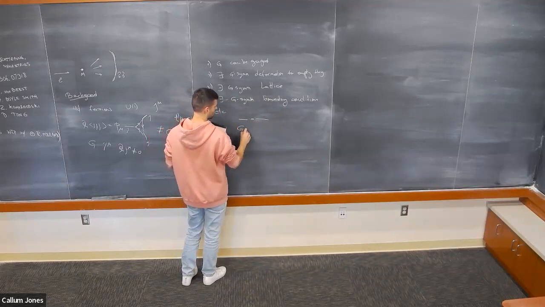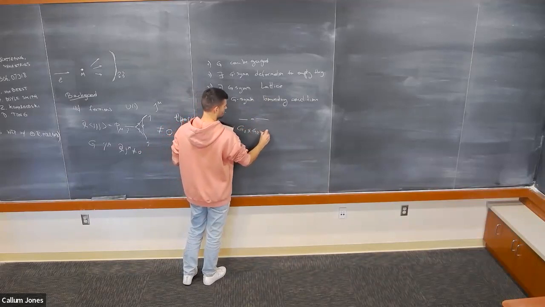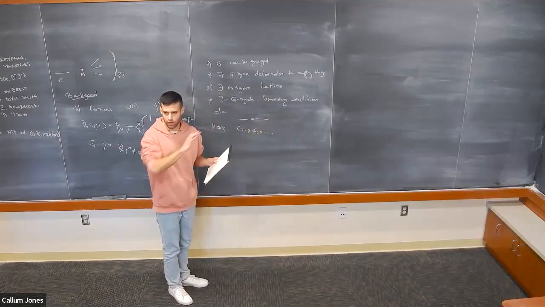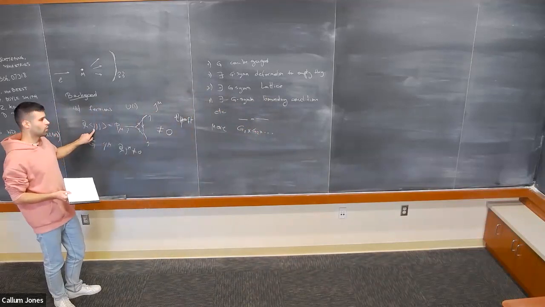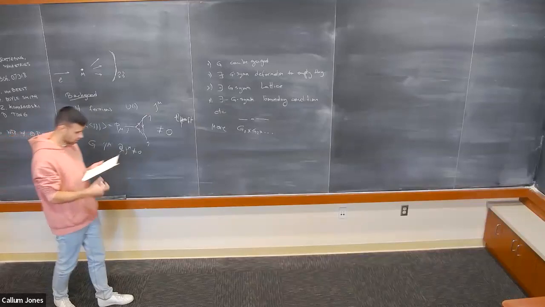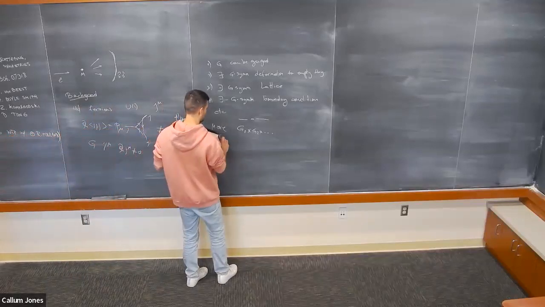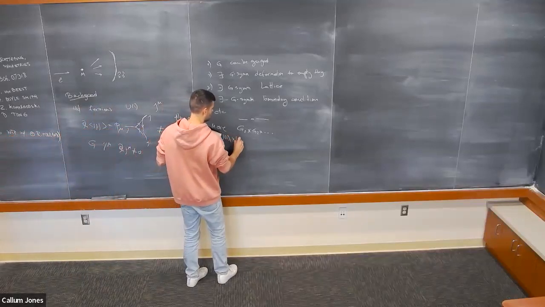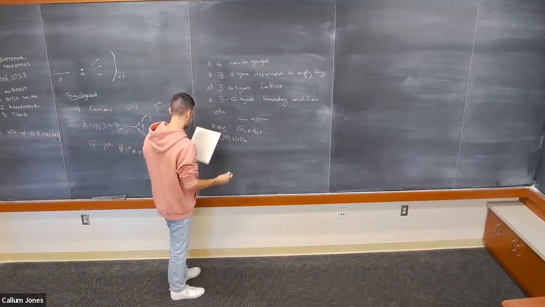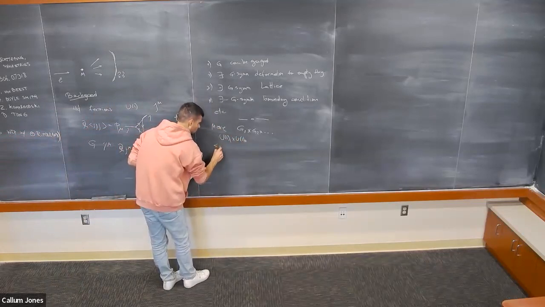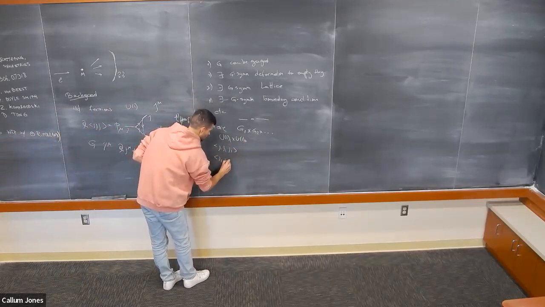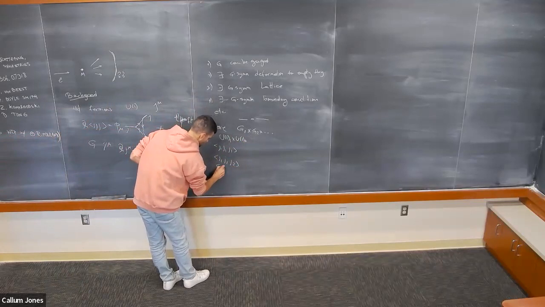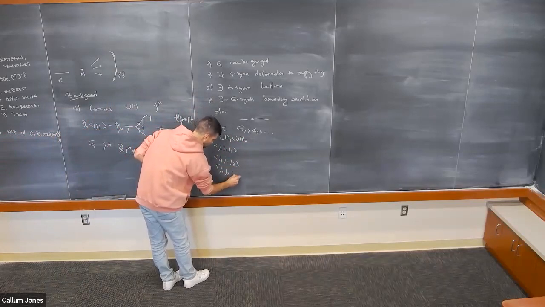Okay, there are even more constraints if you have a product structure, because in that case you can put different currents inside the correlation function. Instead of putting the same current three times, you can put a current for one group and a current for a different group. So for example, if you have a U(1)_1 times U(1)_2 symmetry, then you can do correlation functions like J1 J1 J1, J1 J1 J2, J1 J2 J2, J2 J2 J2, right?